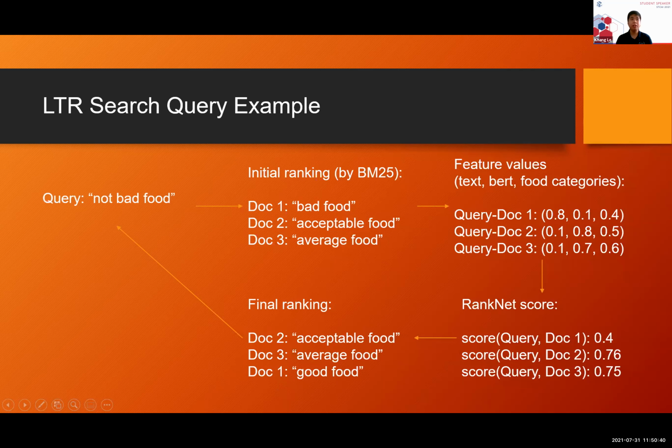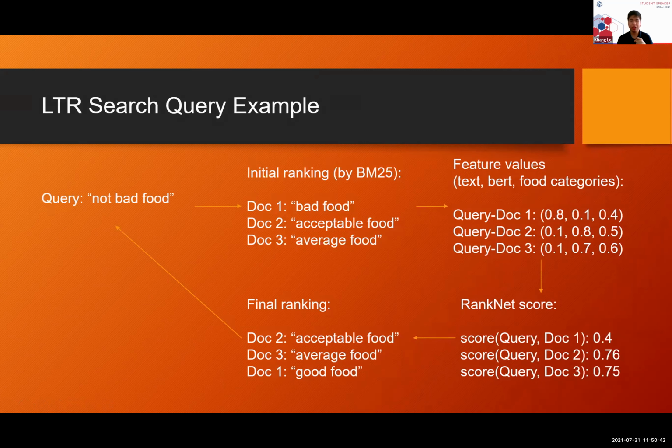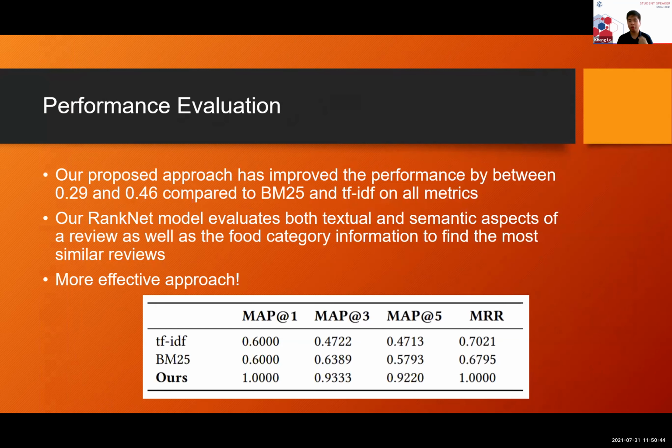And so by using this learning to rank search query, we can then also conduct an evaluation of our approach, and the results show that our approach using the RankNet model has improved the performance by between 29% and 46% compared to BM25 and TF-IDF on all metrics, as you can see in here.